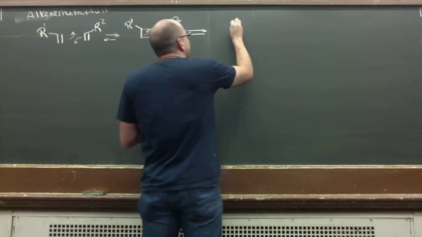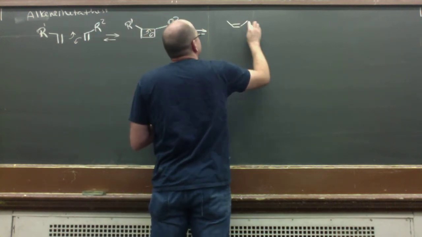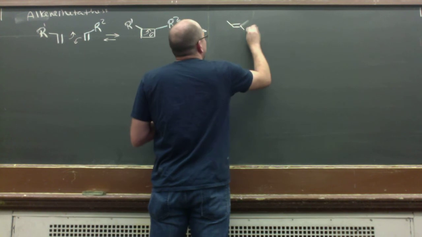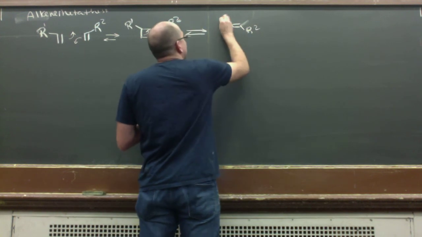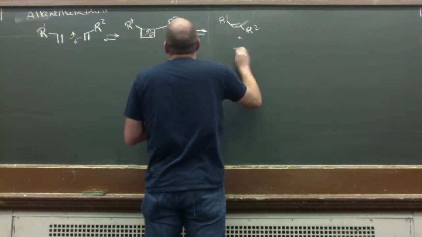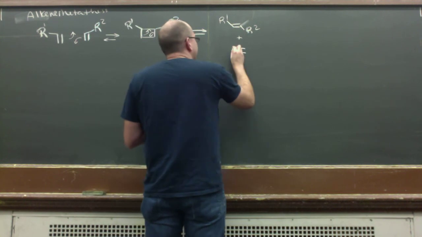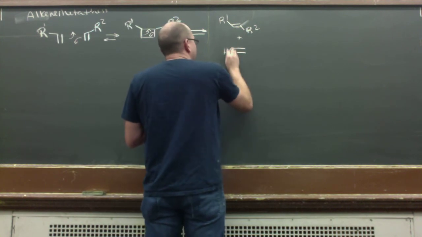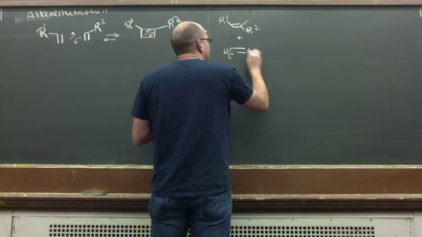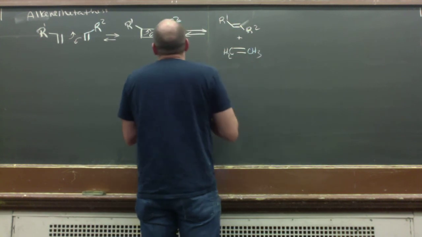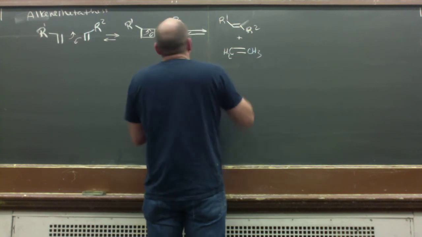The net result is that what you have is, in this case, a carbon here, and then up here we have our green or blue.